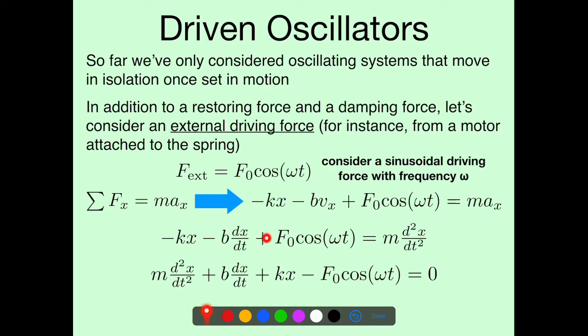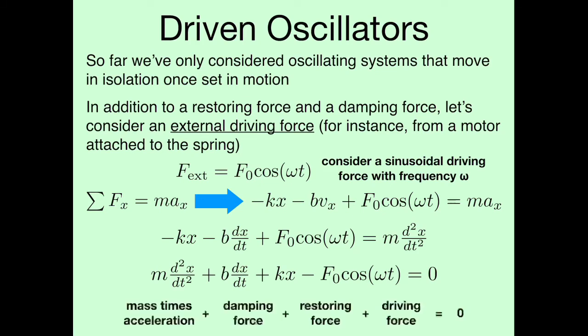So we'll have m times the second derivative of x, plus b times the first derivative of x with respect to time, plus kx, minus F naught times cosine omega t equals 0. That's the standard way to write the differential equation.